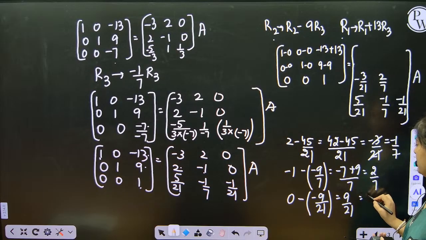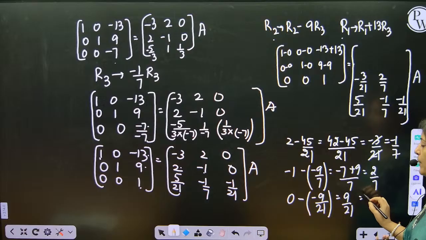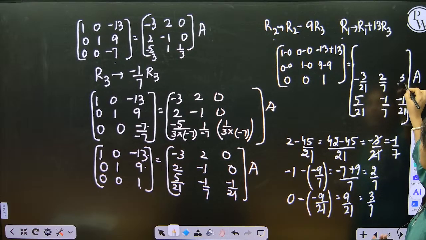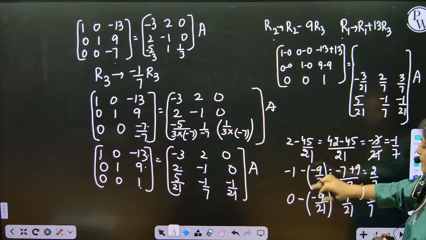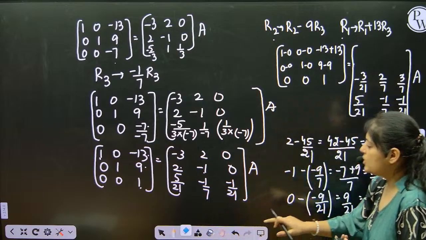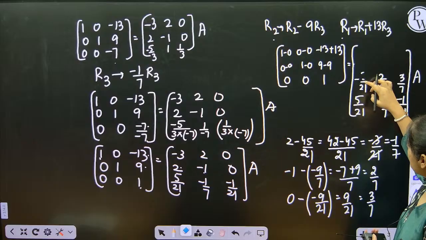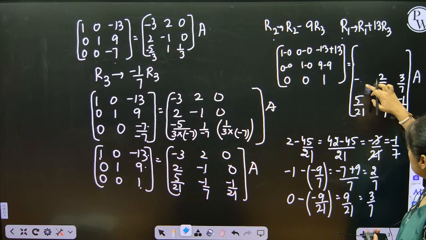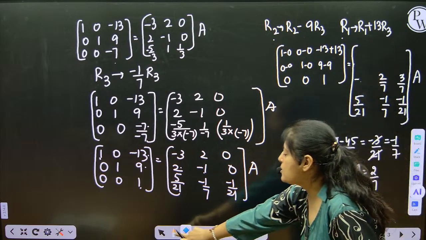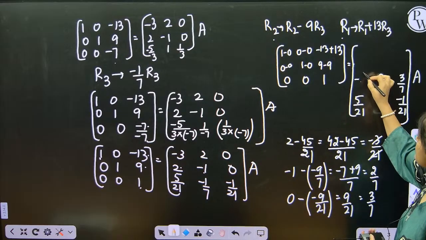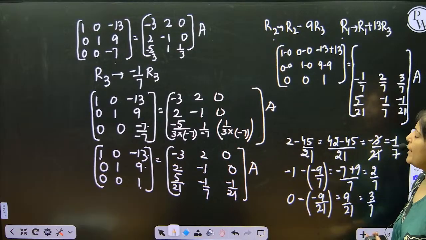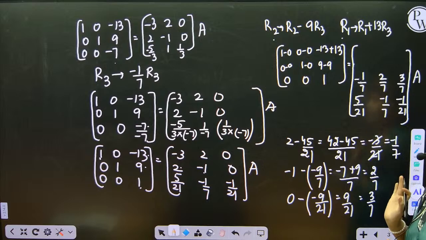If you cancel 9 by 21, it will become 3 by 7. So you can write 3 by 7 also. If you want to change it, you can change it to minus 1 by 7. No issue. You can keep that also, you can keep this also, no issues. Minus 1 by 7, 2 by 7 and 3 by 7.